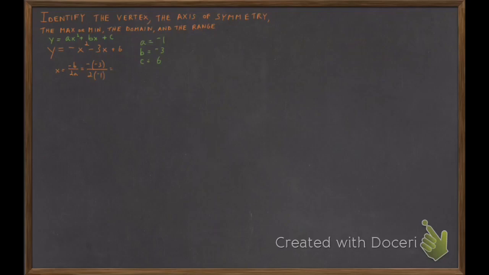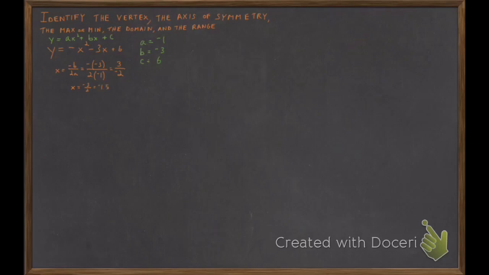So we get a -1 times -3, which is a +3, divided by 2 times -1, which is a -2. So our x-coordinate of the vertex is equal to -3/2, or we can say -1.5.